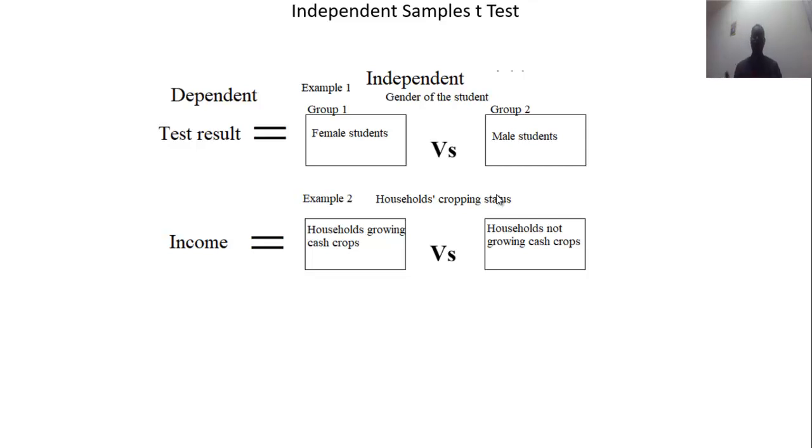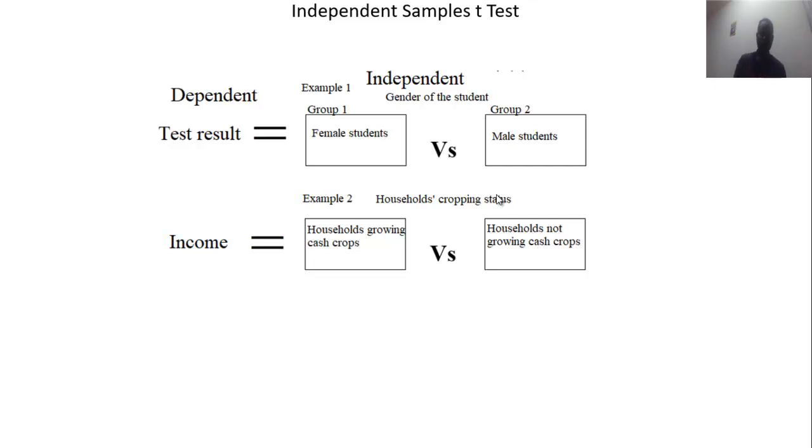Then you can compare the average annual profit of the two groups of banks. Your interest will be to find out whether there is a statistically significant difference between the average profit of the two groups. That is the basic use of the independent sample t-test.